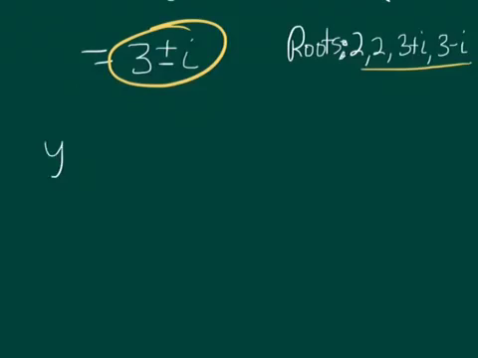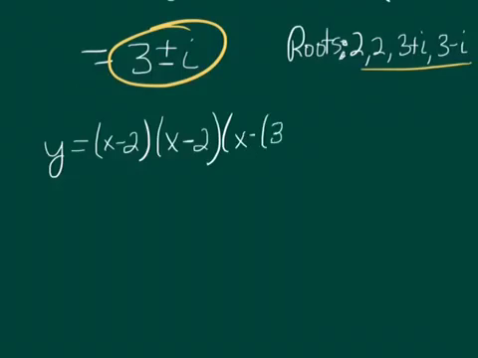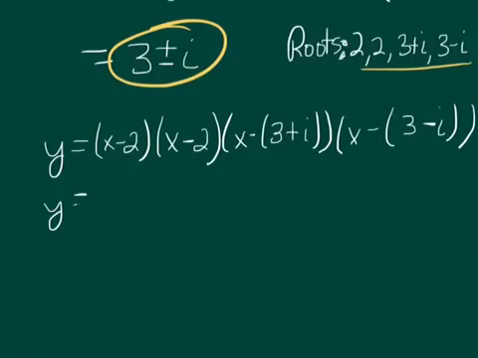Y equals x minus 2 times x minus 2 times x minus the quantity 3 plus i times x minus the quantity 3 minus i. A little bit of distribution over there on the right to clean things up.